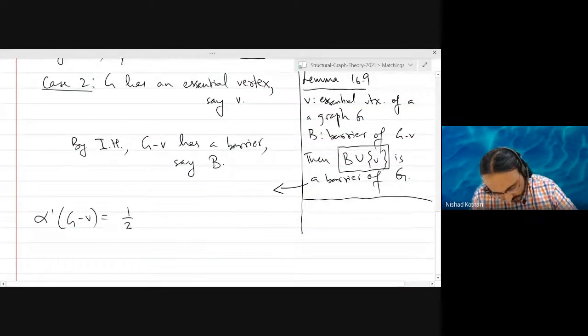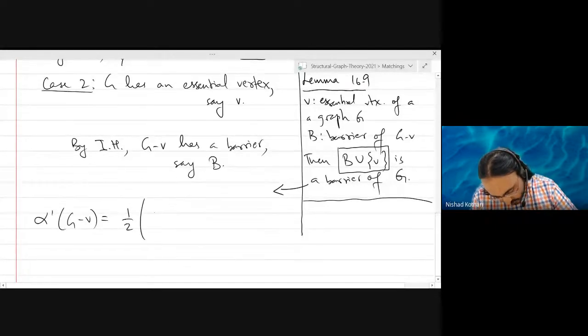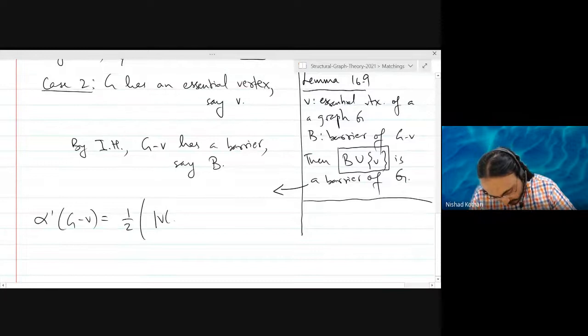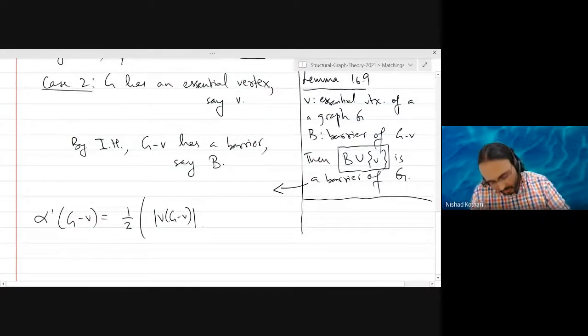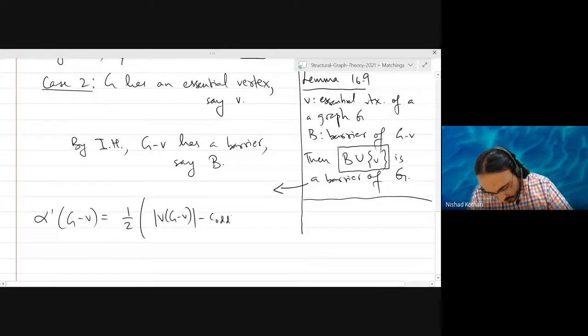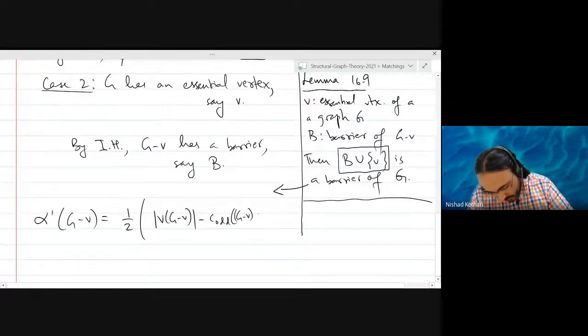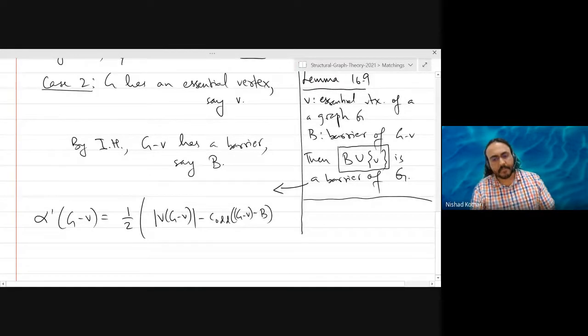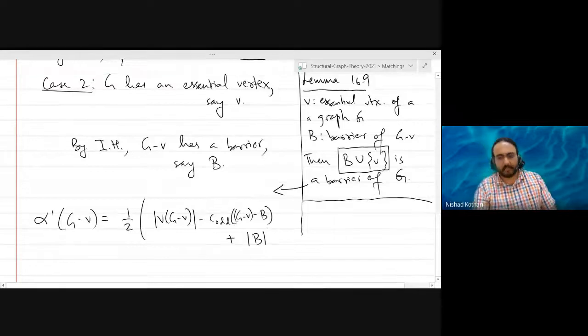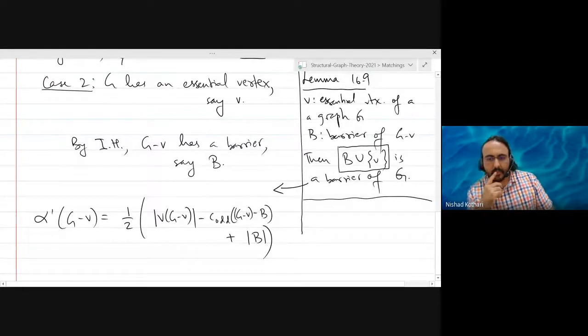It's half times the number of vertices in G minus V, minus the number of odd components in G minus V after deleting the set B, plus the cardinality of B.